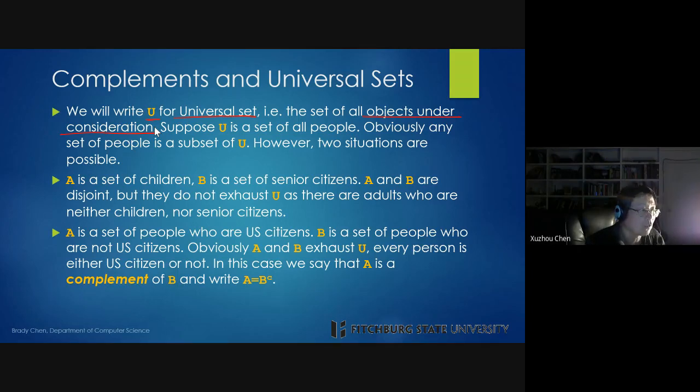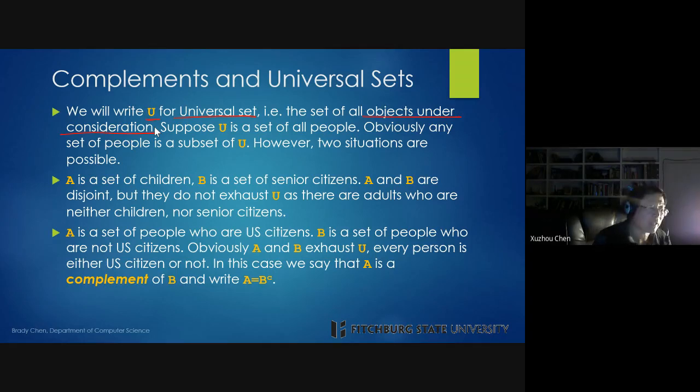Or if we talk about all the people in the United States, then the universal set is the set of all people in the United States.